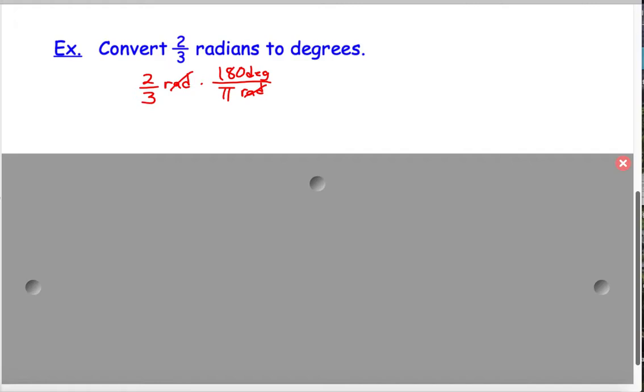So now my radians are gone and my answer is in degrees. And so that gives me 120 over pi degrees. We're not used to seeing an angle measured like that, but realize that's somewhere close to 60 degrees?